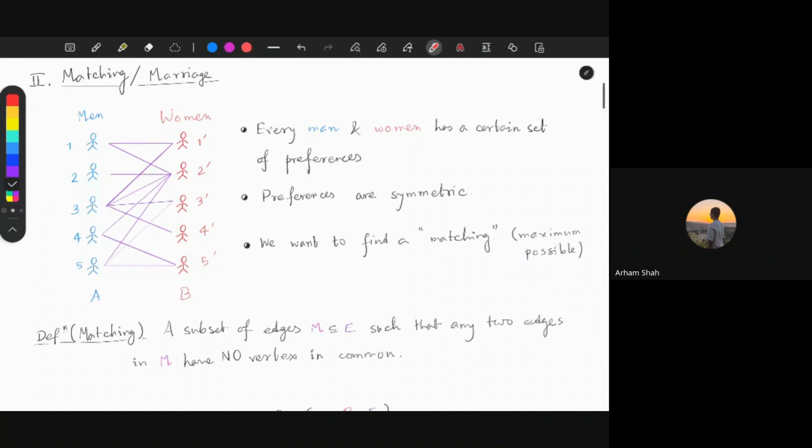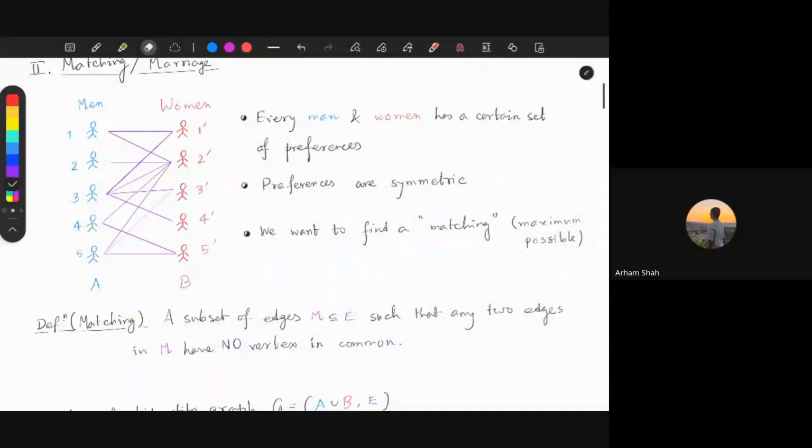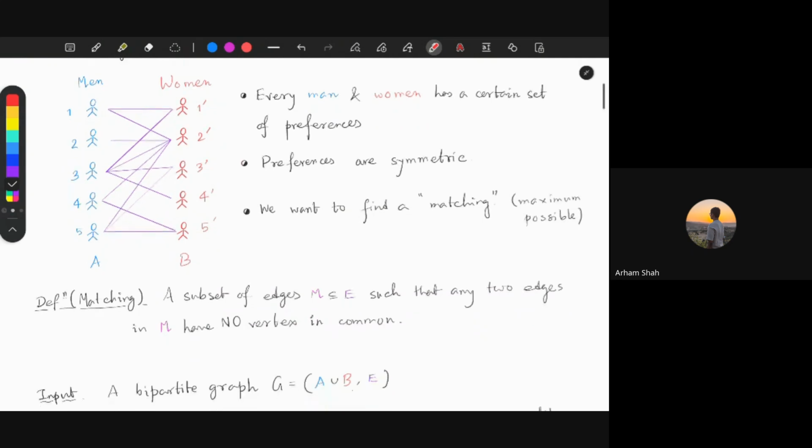And we want to find a matching, meaning that according to these preferences, can we find some matches among these men and women?